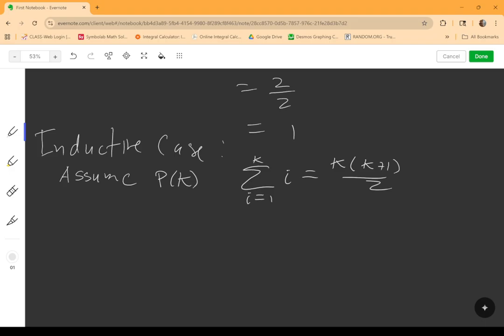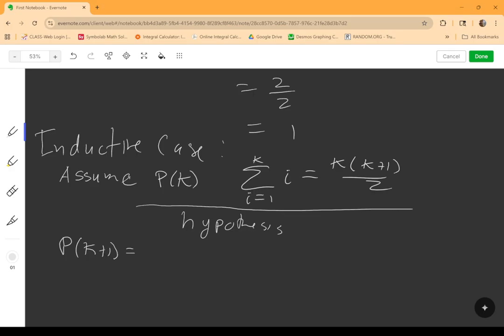So again, the inductive case is our hypothesis. From there, I want to prove P sub k plus 1.